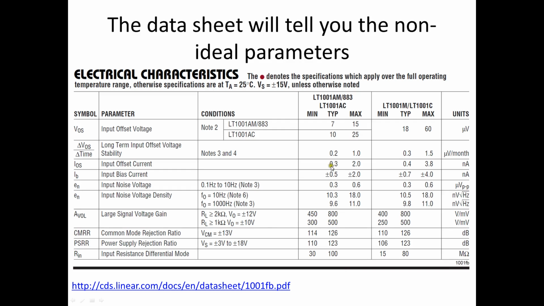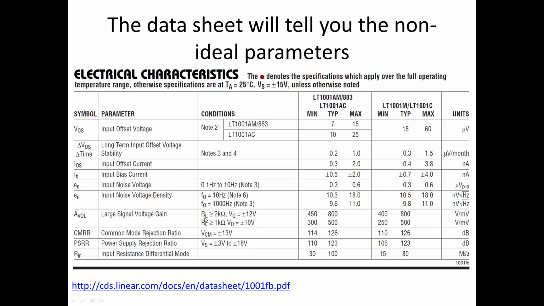And the thing is you have minimum, typical, and max. And so if you're trying to guarantee something, you can use the minimum value. But if you want to know what normally happens, you can use the typical.